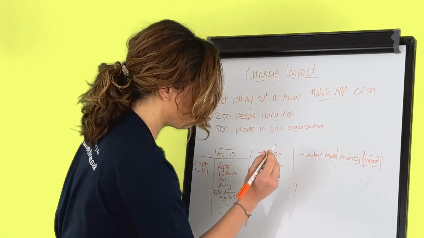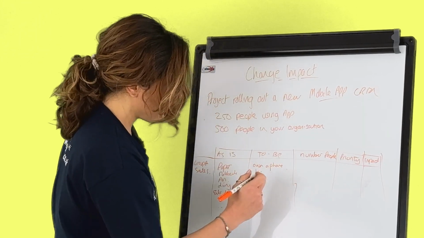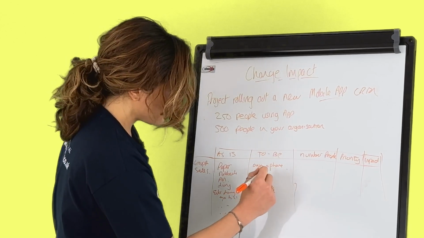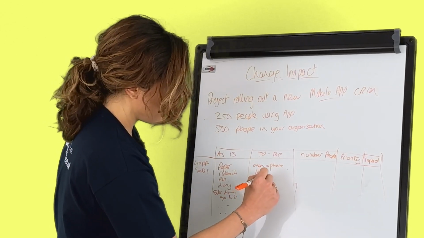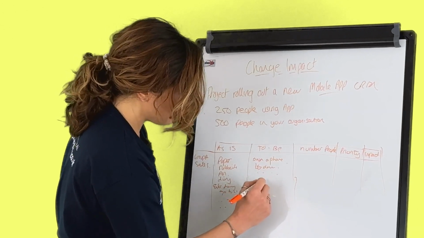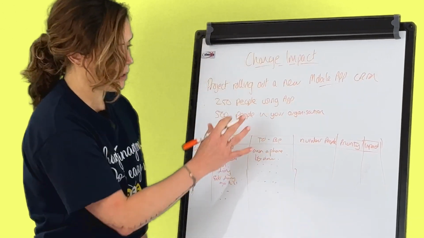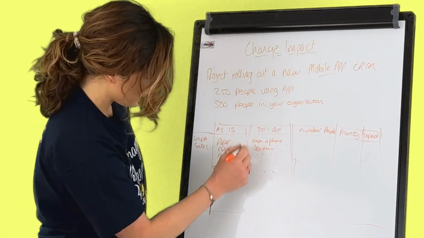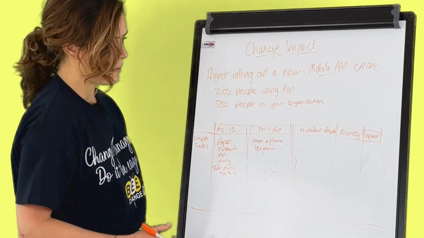They can get a new phone because they need an Apple iPhone for it to work, for example. They would then download, they would do this, they would do that, and then you'd list it all there. And of course you'd get support from the experts, whoever knows this app, whoever knows the business.